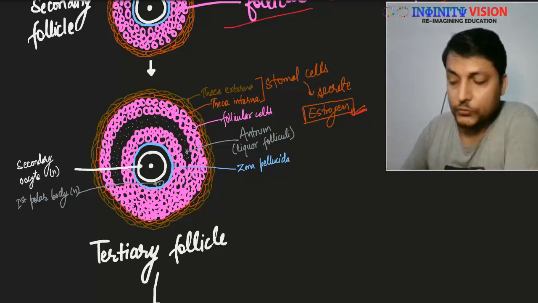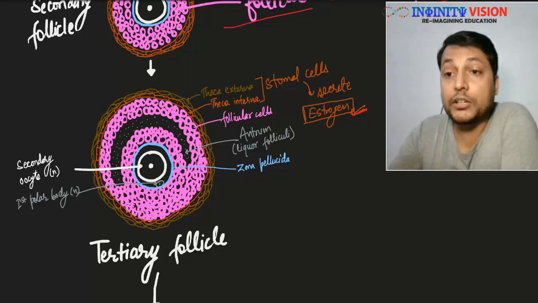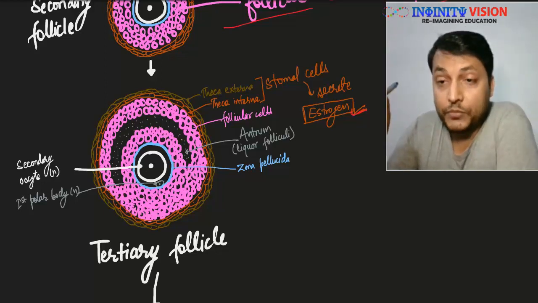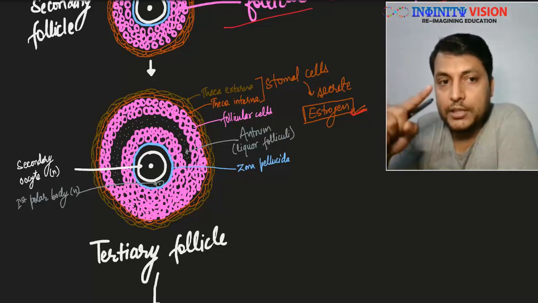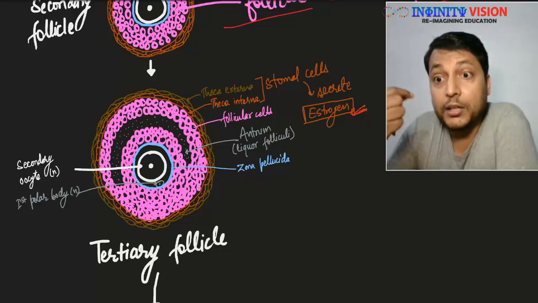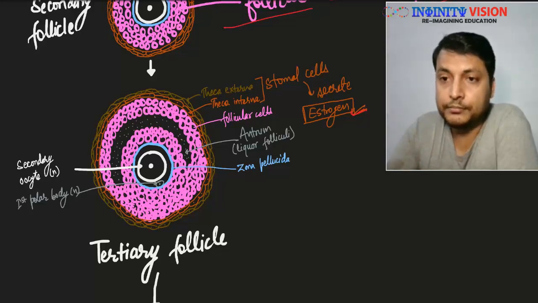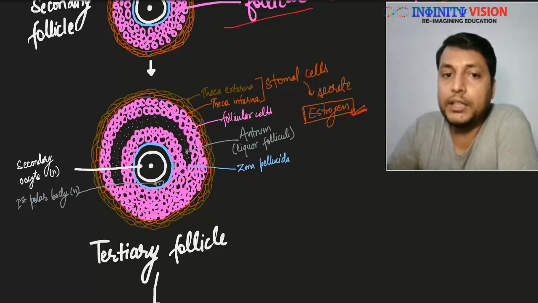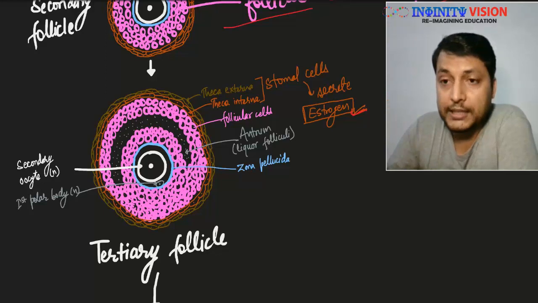Now, both these theca externa and interna cells are residing on a basal membrane. So there is a basal membrane in between the membrana granulosa and the theca. Great. Now, on the inner side of the theca interna, what we find is the follicular cells, right?